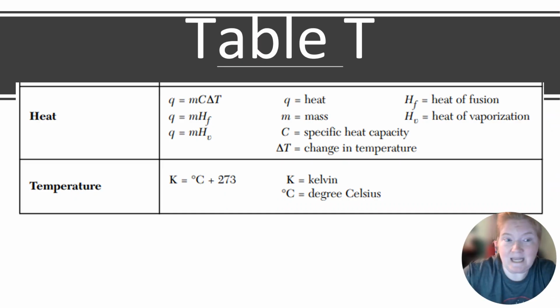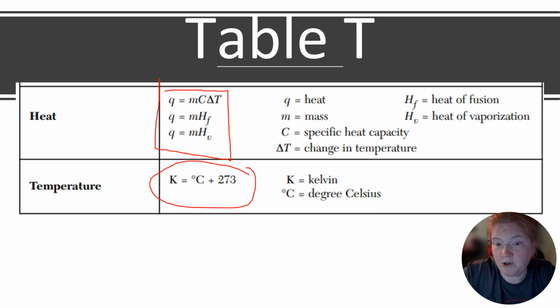We're also going to need table T. So we have 3 specific heat formulas. And then this is to do temperature conversions, which we don't necessarily have to do because we could use for this delta T, we could use either Celsius or Kelvin. Now it doesn't matter because we're just finding the difference. So we're subtracting temperatures. So in Celsius and in Kelvin, the answer we get is going to be the same.